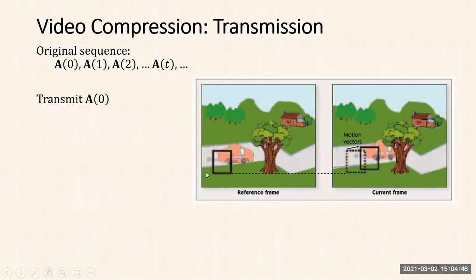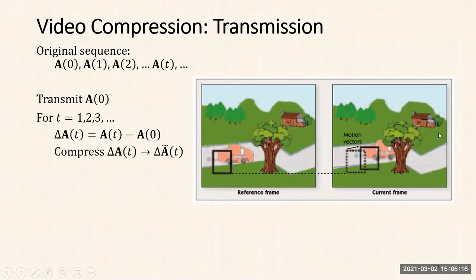Most of the image is identical, so it will contain a whole lot of zeros. We don't have to transmit all these zeros, so that's why we do the compression.